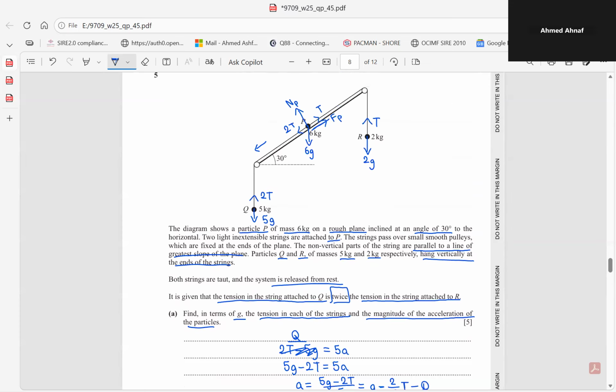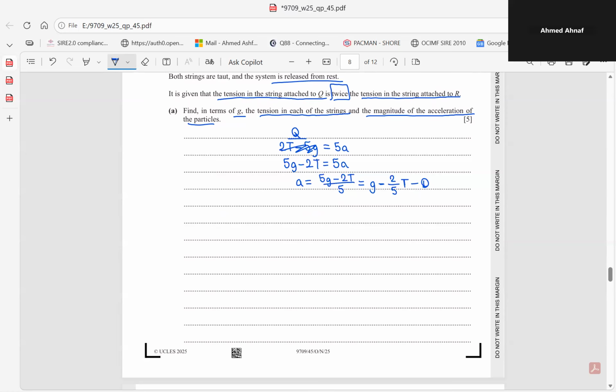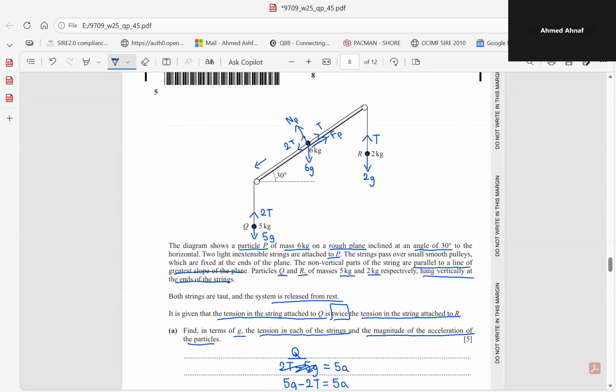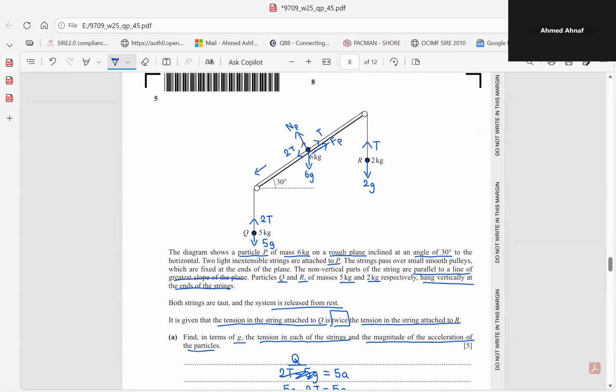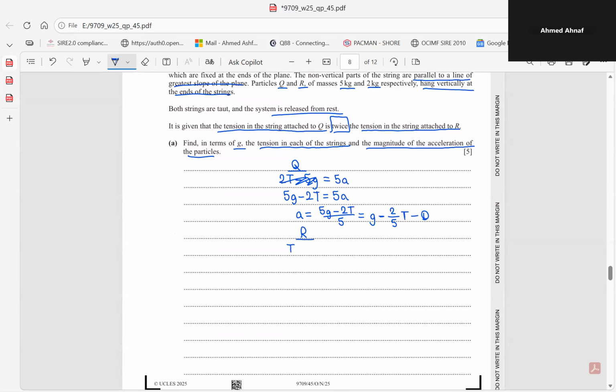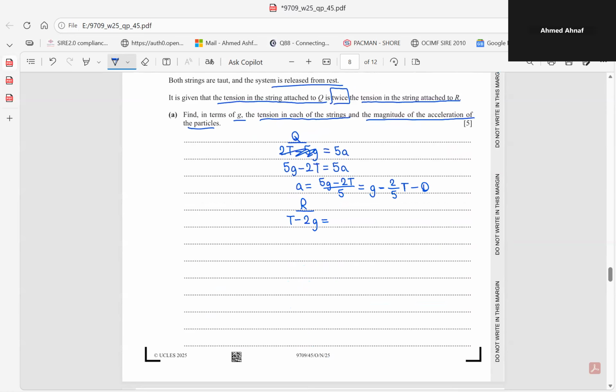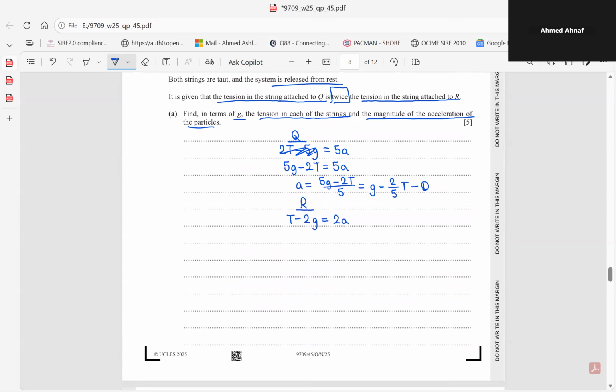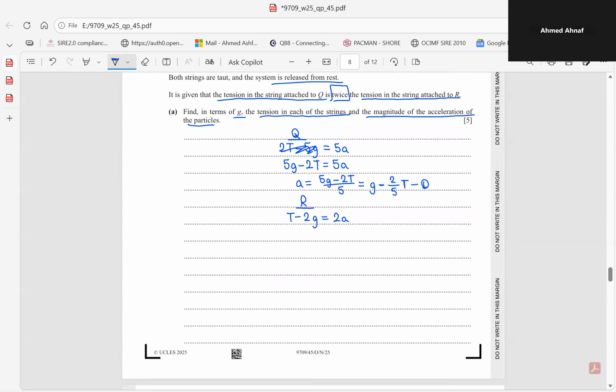Q, okay. I believe R now. Yeah, let's do R. So for R, it's T minus 2G equals 2A. Yeah, so this is 2G times 2A, and then A is G minus 2 over 5T.